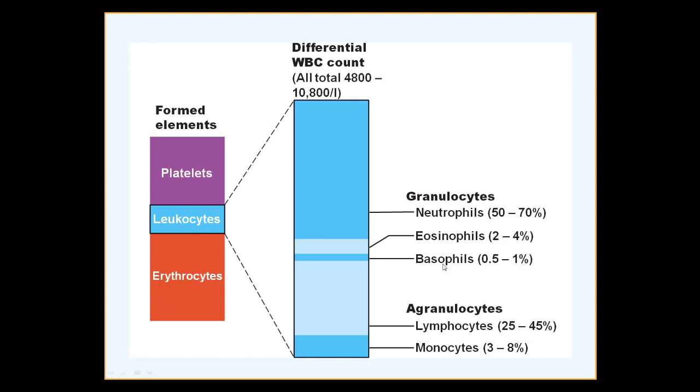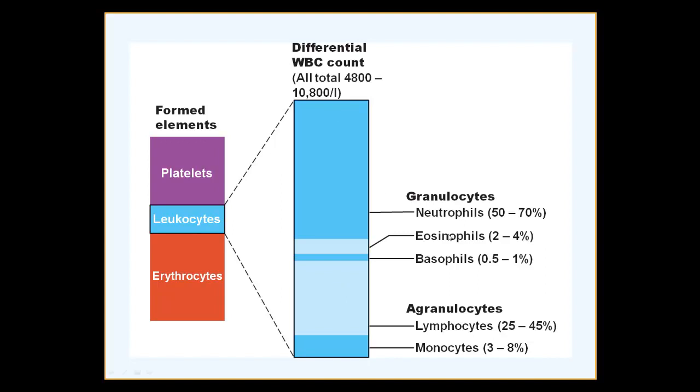How do you remember them? Well, remember the saying: never let monkeys eat bananas. So N is the largest, that's never; let, lymphocytes; monkeys, monocytes; eat, eosinophils; bananas, basophils. These are the distributions, which one is the most common and which one is not.